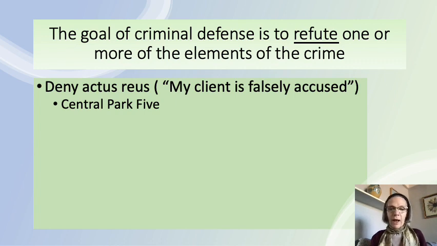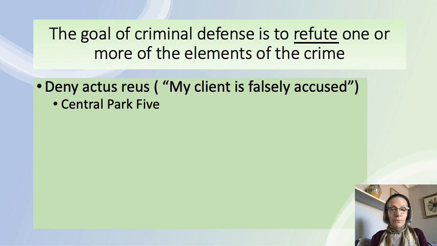They were wrongly convicted of raping the jogger, and despite there being no physical evidence linking these individuals to the crime, they were convicted anyways. The police officers coerced confessions out of them, etc.